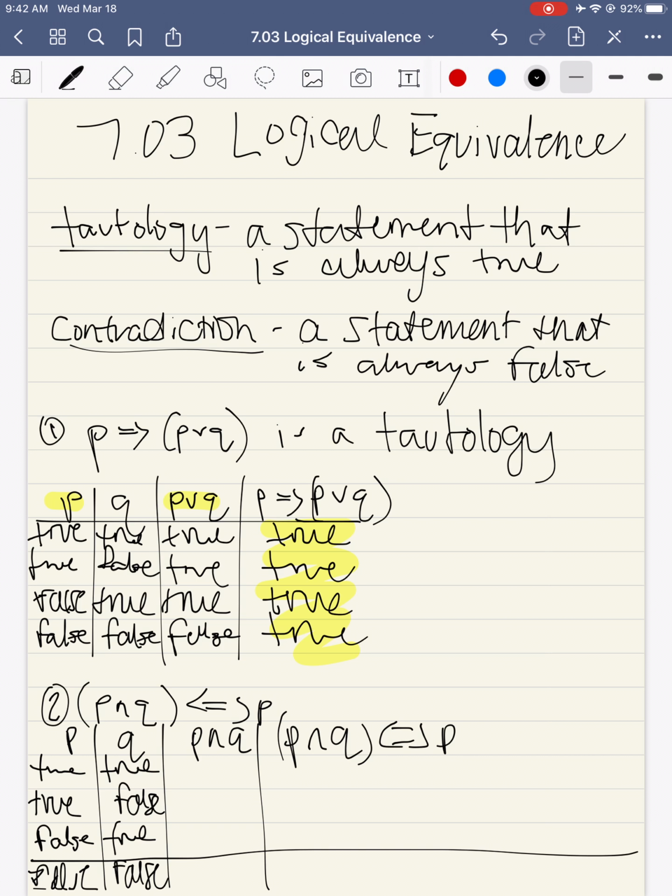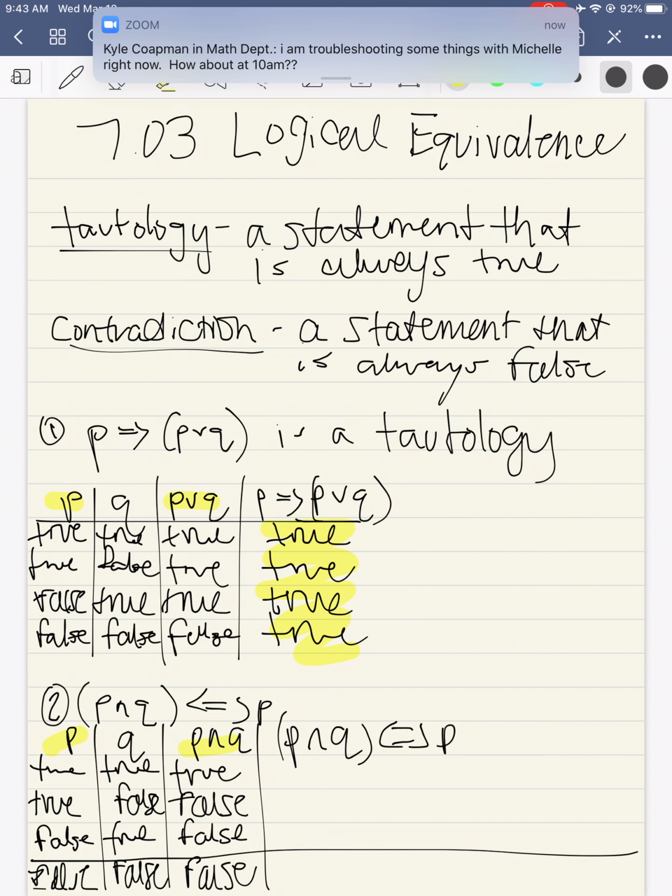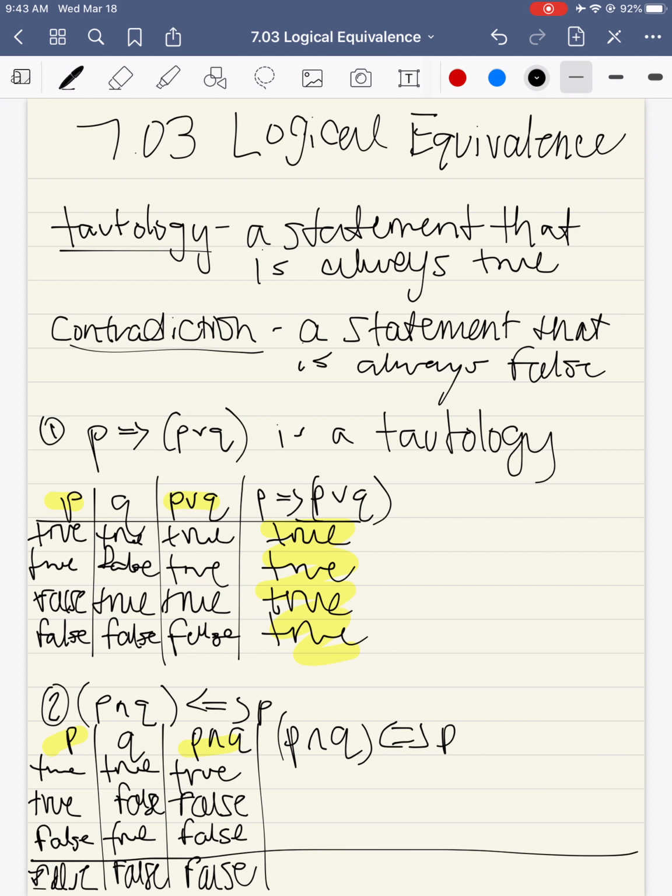And then and is only true when both statements are true. So true, false, false, false. And now we're having this statement implies this statement. So this is biconditional, so technically order doesn't really matter. But when thinking about this, we're saying that we have true implies true.